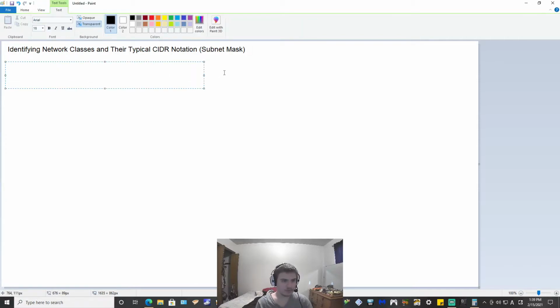The range for Class A networks is 1 through 126. Technically speaking, it's 1 through 127, but 127 is used as a loopback address, so it's not used for networks and whatnot.